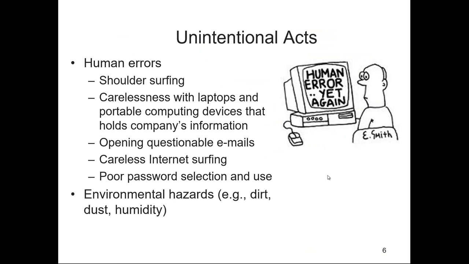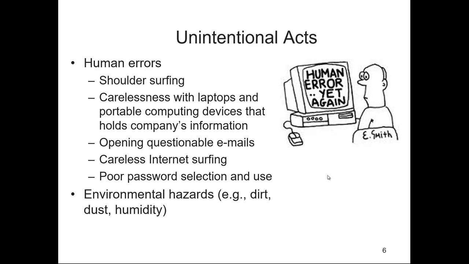When we say unintentional act, it means it was not meant to happen, but it's just human errors, which could include the shoulder surfing, which is explained in the next slide, and we'll talk about it more.